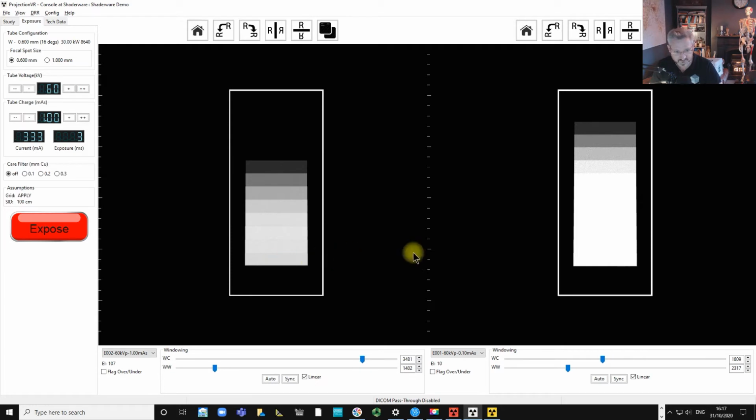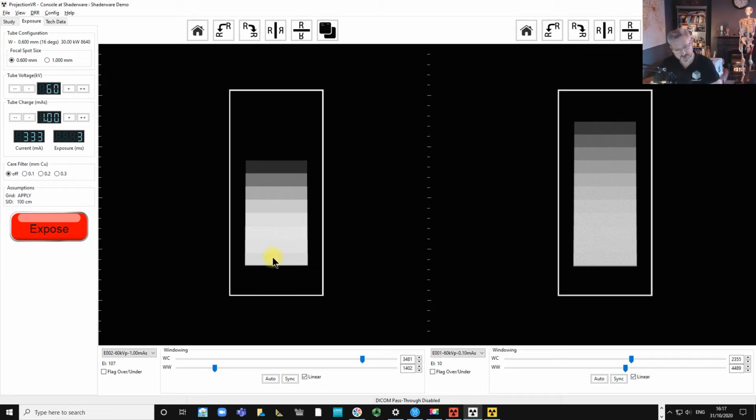You still see a bit of a random pattern at the higher steps, not as bad, but still a bit of a pattern. And of course, the graininess was so bad that by the time it went through those thick aluminium steps, there was virtually no photons getting through, so we can't see any distinction between the 3 thickest steps. Here we can see a distinction between the 3 thickest steps.